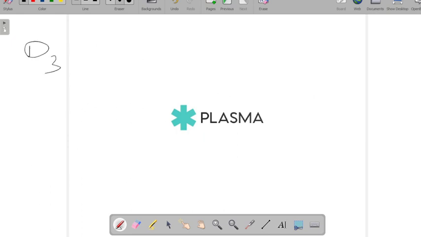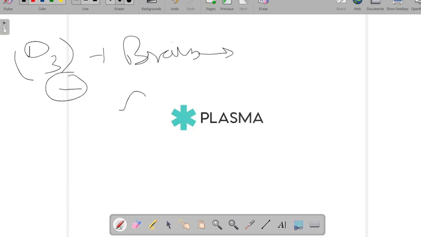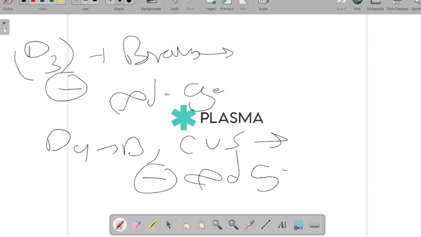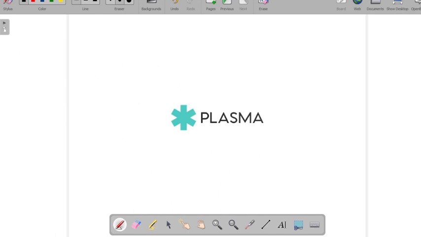Now the D3 is present in brain, so it inhibits adenyl cyclase, and D4 is present in brain plus cardiovascular system. This also inhibits adenyl cyclase, right? So thank you.